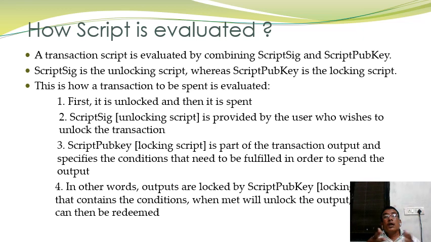This slide summarizes what we studied in the previous session, how transactions happen using this scripting language. We know that a script consists of outputs, inputs, a locking script and an unlocking script. We have seen the purpose of the locking script and unlocking script, and what output and input are in the Bitcoin network.